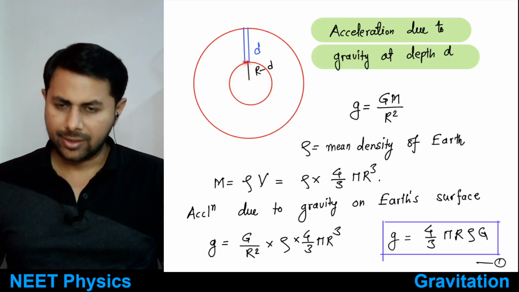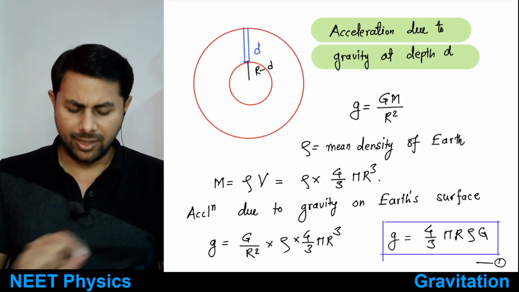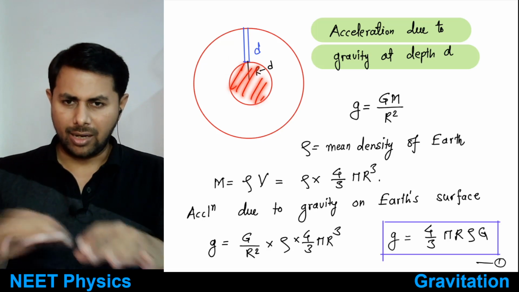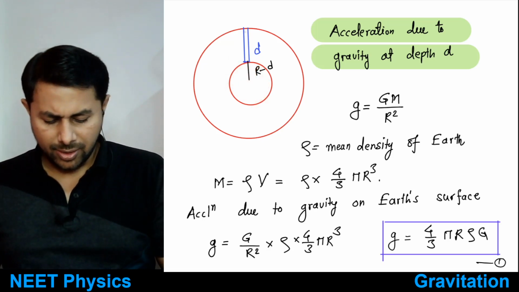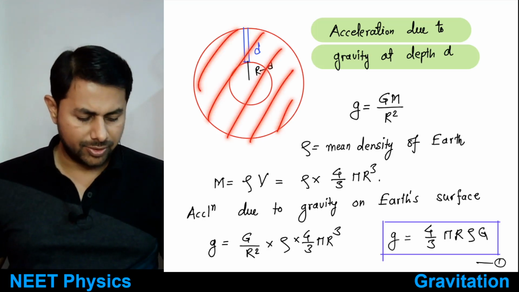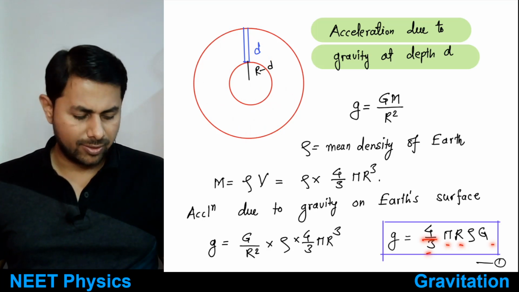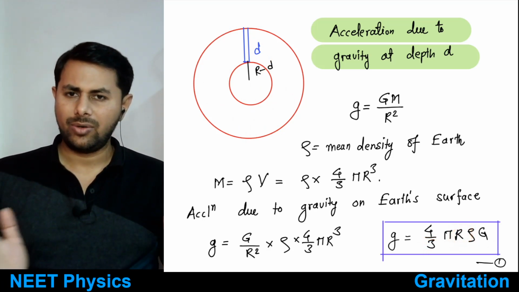So the gravitational acceleration at depth d, let's call it g suffix d, is because of this sphere having radius r minus d. On the surface of earth, it is because of this sphere whose radius is r, and the formula is 4 by 3 pi r rho g. So just change r to r minus d.